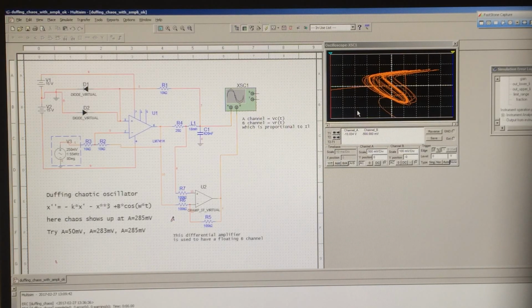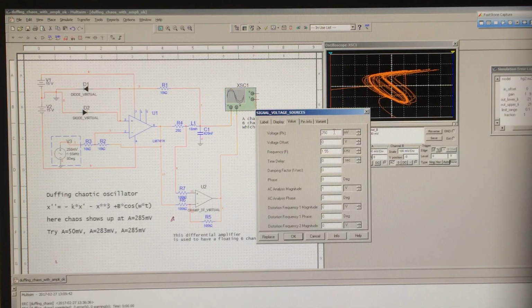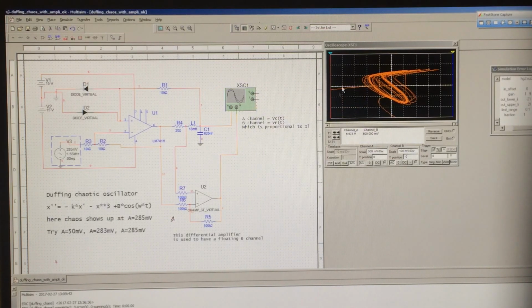That means that the oscillating circuit, or that the parameters like voltage here and current here, are behaving in a chaotic manner. We will stop the simulation and go slightly up to 283 millivolt as an amplitude.